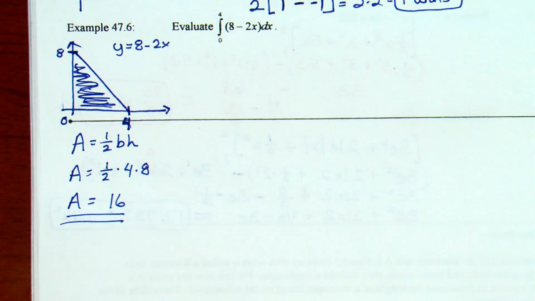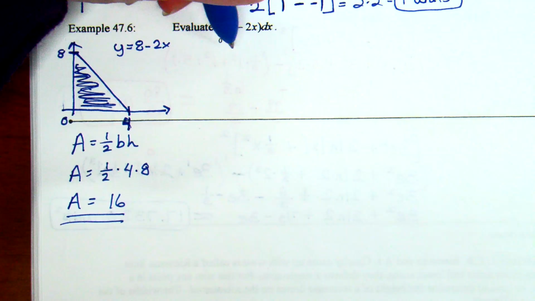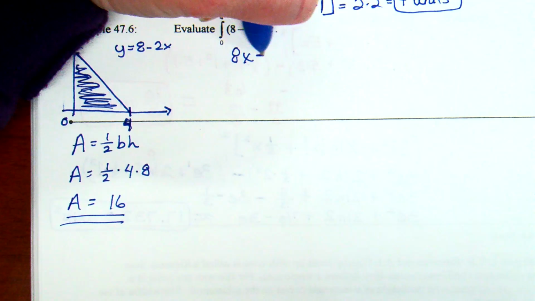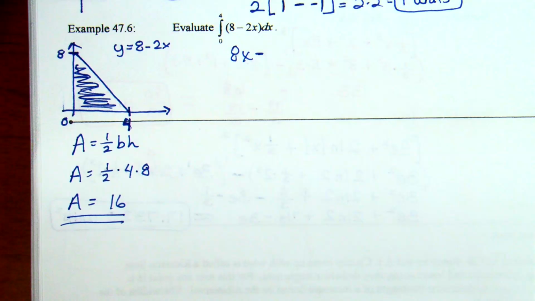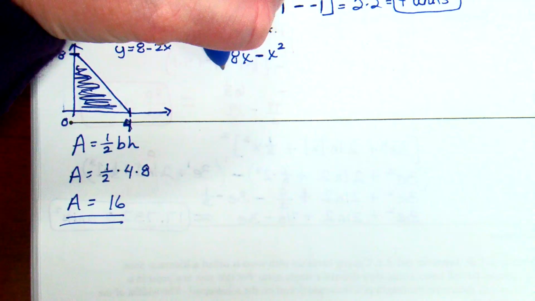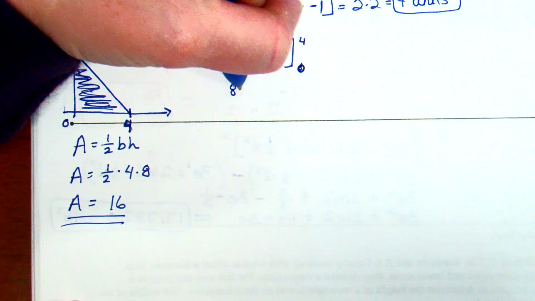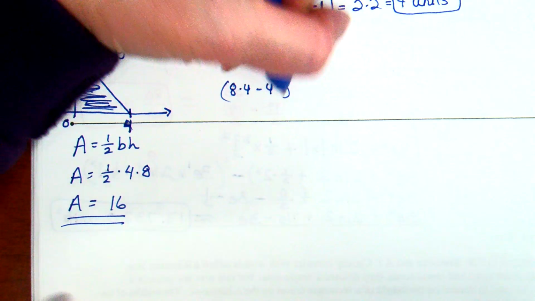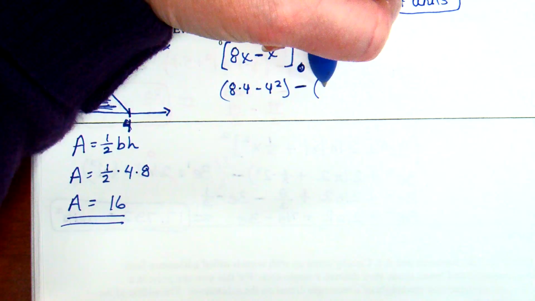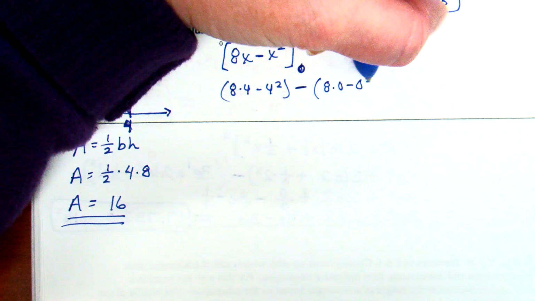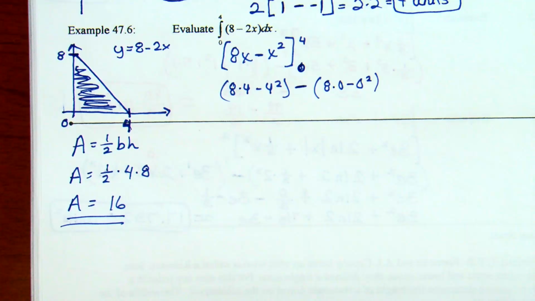Guess what you get if you actually work the integral out? 16. And yes, I'm going to do the math real quick to prove it. Integral of 8 is 8x minus integral of 2x, x squared, evaluated from 0 to 4. Plug in the 4. So 8 times 4 minus 4 squared, then minus the quantity 8 times 0 minus 0 squared.